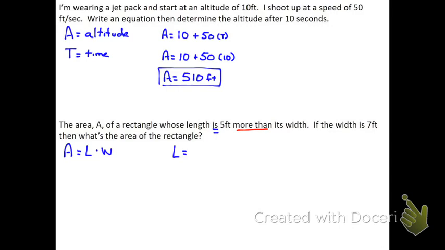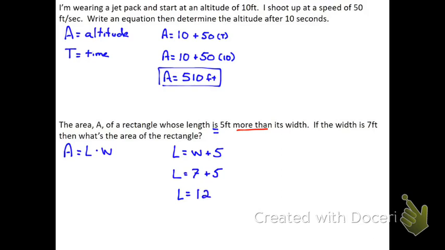So rather than 5 plus W, we're going to say it's W plus 5. And we want to know what the length would be if the width is 7 feet. So we're going to substitute 7 in for our width, and we're going to add 5. When you add 7 and 5, you get the length to be 12.